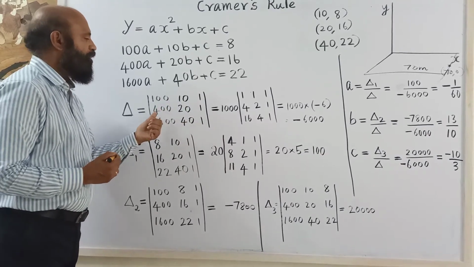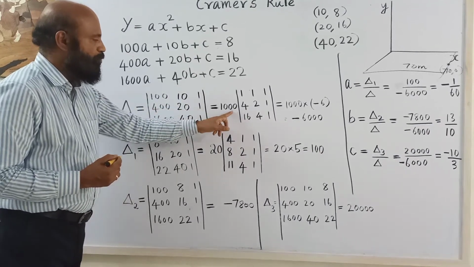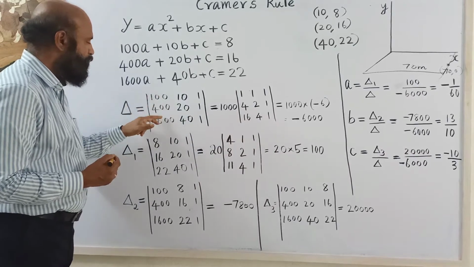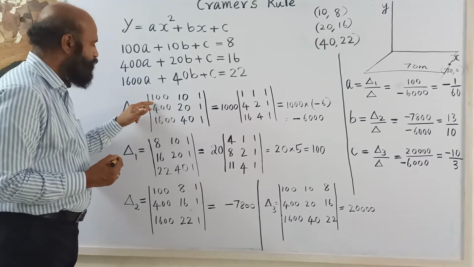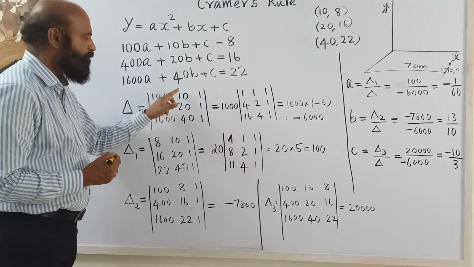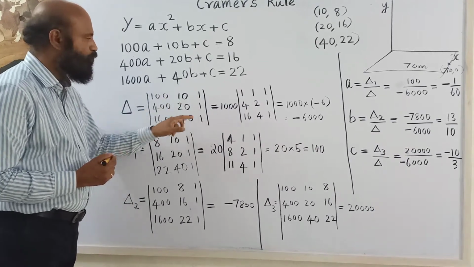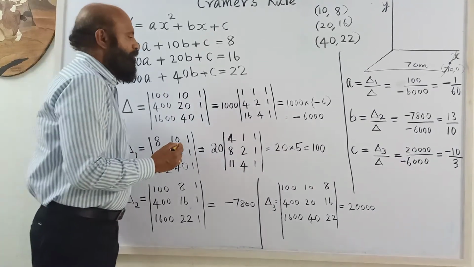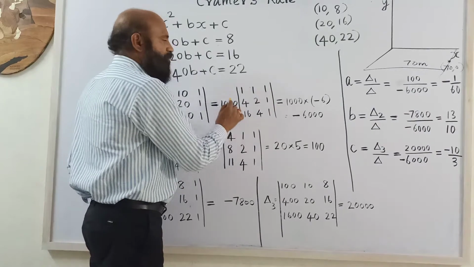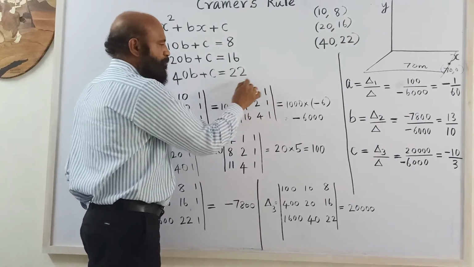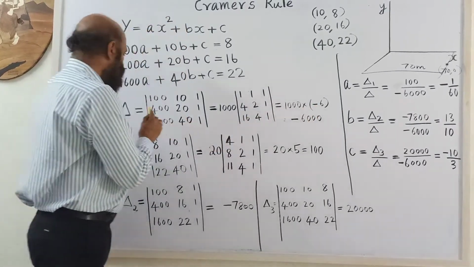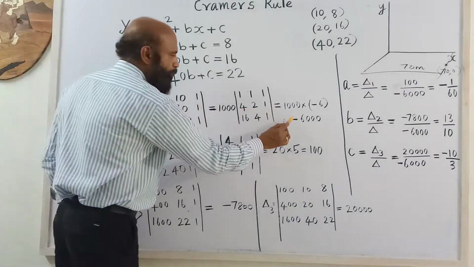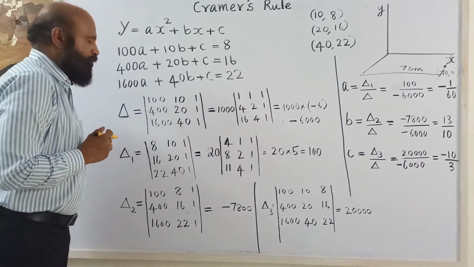So 100 into 10, 1000. After taking 100 from this column, it is 1, 4, 16. After taking 10 from this, it is 1, 2, 4. Now when you find the value of this determinant, it is minus 6. So the value of this determinant is minus 6000.